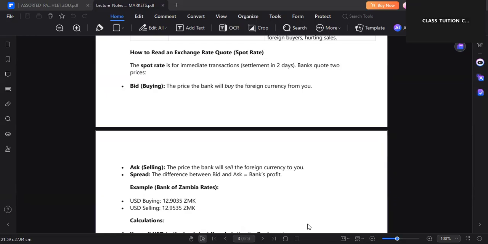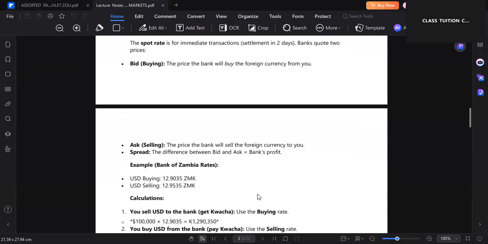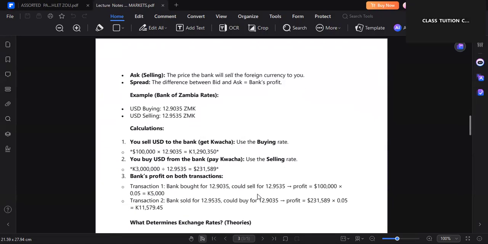So we can do some quick calculations here. You work in a bank with 100,000 US dollars and you want kwacha. So you are selling dollars to the bank. So what are you going to use? You use the buying rate of 12.9035. So let's calculate.